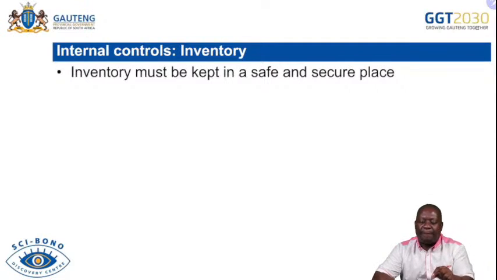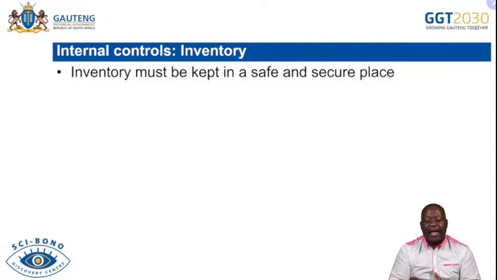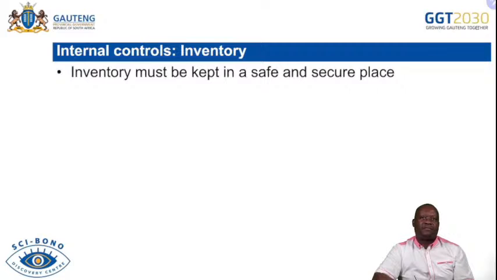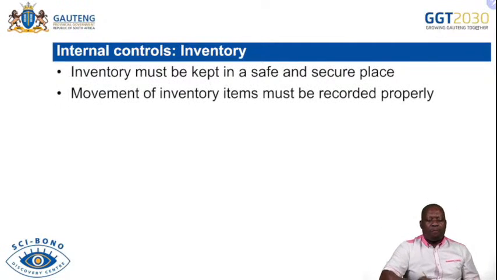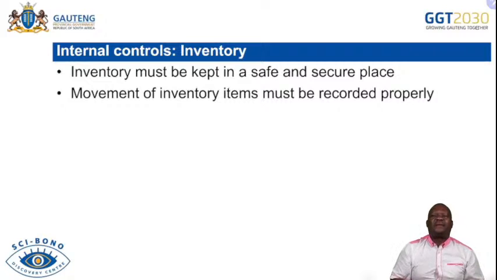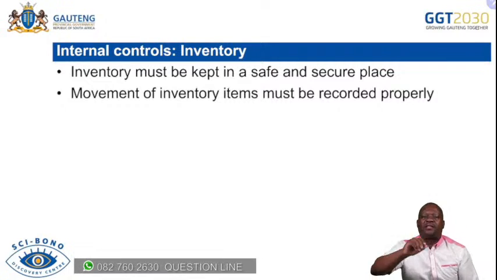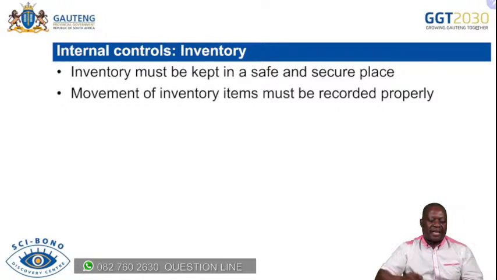Inventory must be kept in a safe and secure place. You know what it means? It has to be logged. Access to that room must be controlled. Movement of inventory items must be recorded. We need to know who took what at what time, every time.